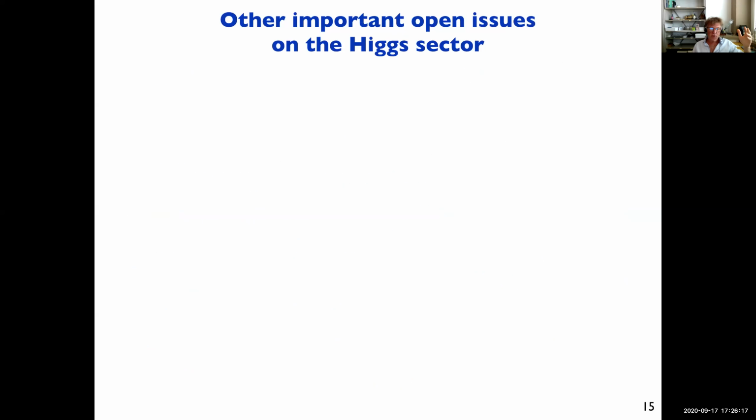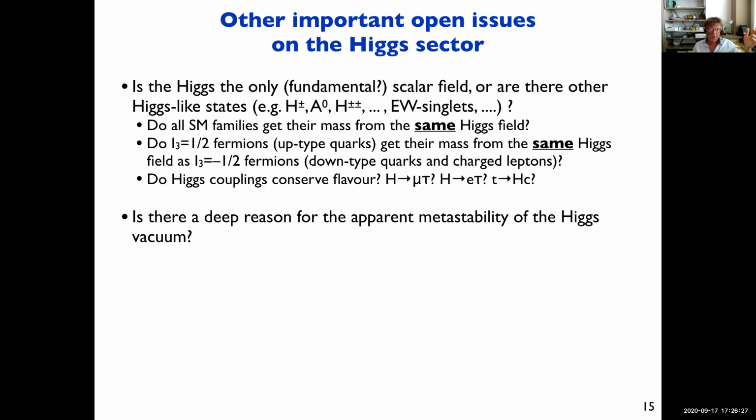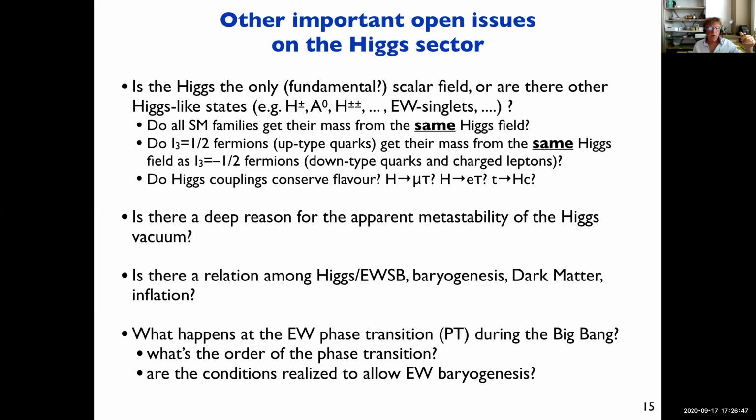There are, of course, other important issues that emerge in the Higgs sector, whether there's only one Higgs or whether there are more, the flavor properties of the Higgs, the issue of parameter stability that I will not cover. Issues whether there is a relation between the Higgs and electroweak symmetry breaking and baryogenesis or dark matter or even inflation perhaps. The question of what happens to the electroweak phase transition during the Big Bang.